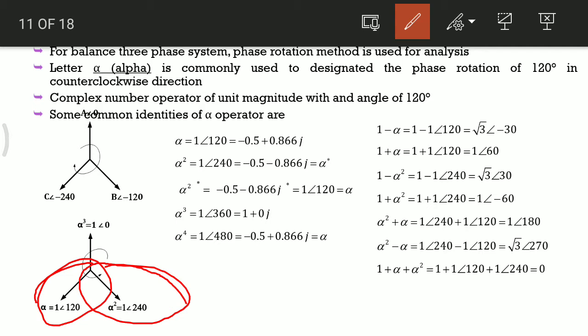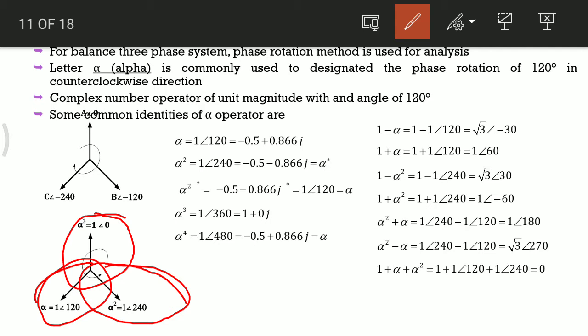If we again multiply with alpha, it becomes alpha cube, and now its value will be 1 at an angle of 360 degrees. If we convert it into rectangular form, it will be 1 plus 0 j. Then if we again multiply with alpha, it becomes alpha raised to 4, which is 1 at an angle of 480 degrees.